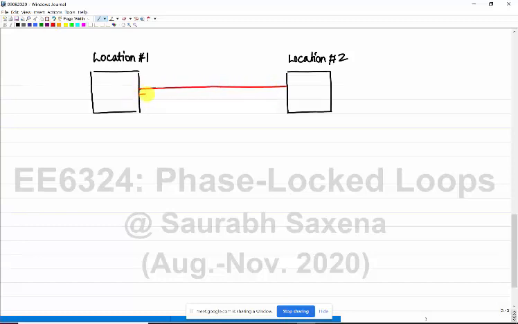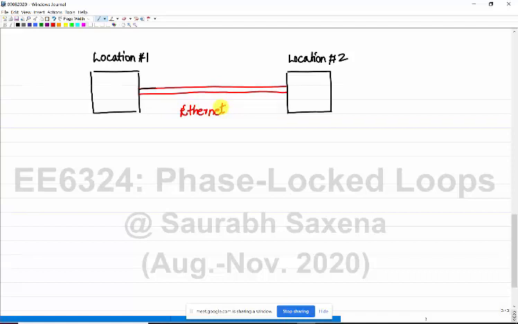There is a fixed wire which is connected between the two locations, and these two locations are communicating with each other. You very well know this is some kind of Ethernet communication which can happen between two locations.